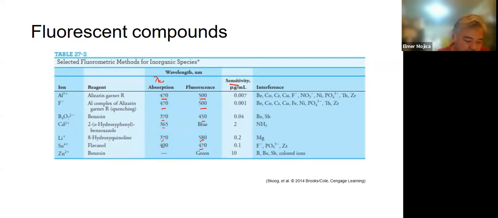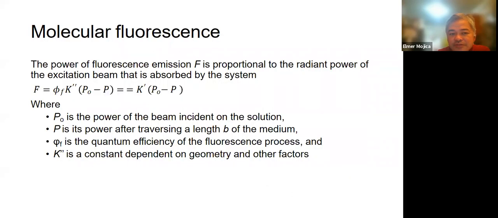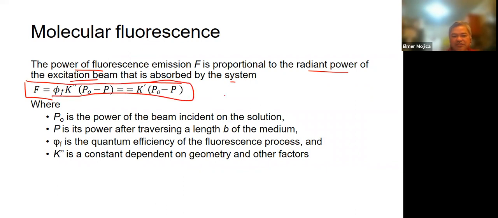Now, you can also take advantage of fluorescence by looking at the so-called fluorescent power emission. So this is just proportional to the radiant power of the excitation beam that is absorbed by the system. And there's a formula for that, but I don't usually do calculations about this. So if you're going to look at the formula here, this is just the power of fluorescence.